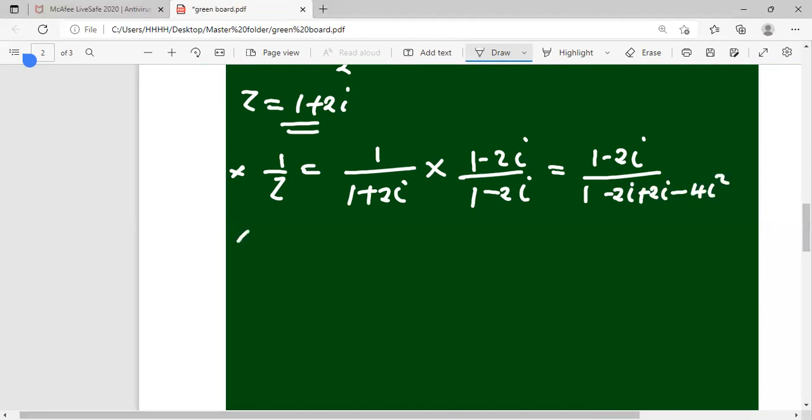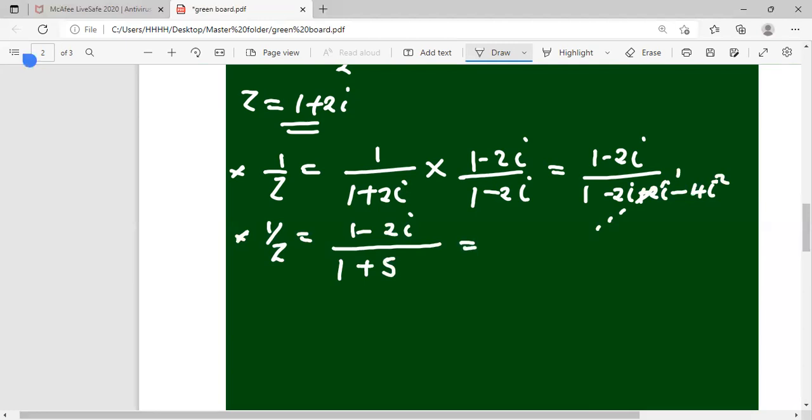So this means 1 over z is equal to 1 minus 2i divided by 1, because this will cancel. So i squared is a negative, so by this negative, you have got positive.